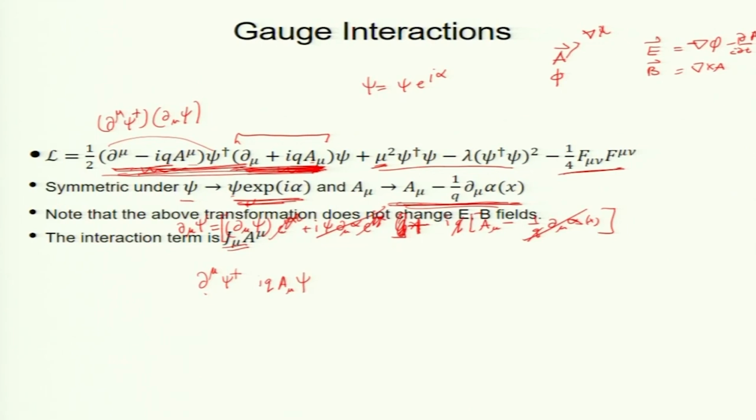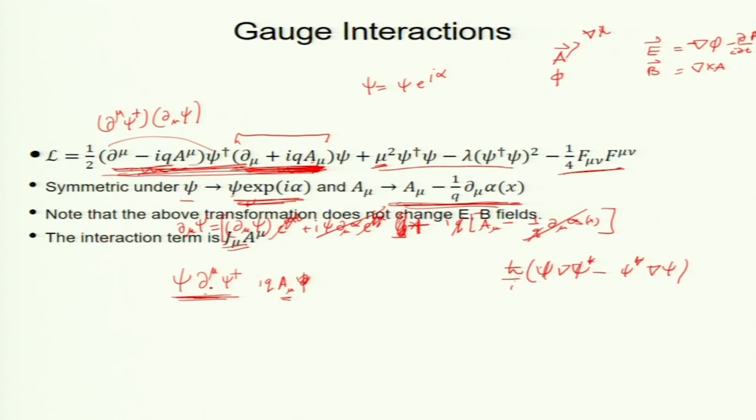So, what is this object? Psi del mu psi dagger multiplied by A mu. What is this term? This is the current, no? Well, I have to add the complex conjugate, psi grad. So, what is the current in quantum mechanics? Psi grad psi star minus psi star grad psi, well, there is an i h bar by i or something.